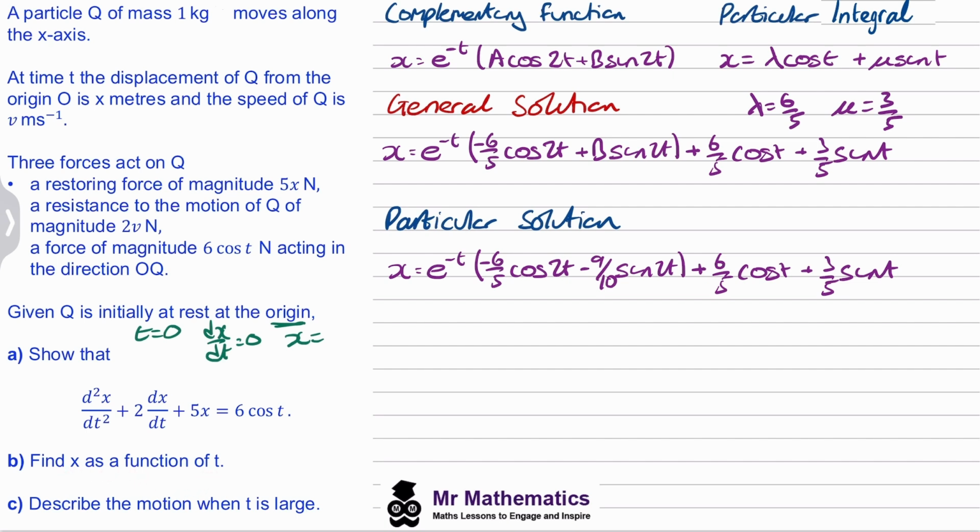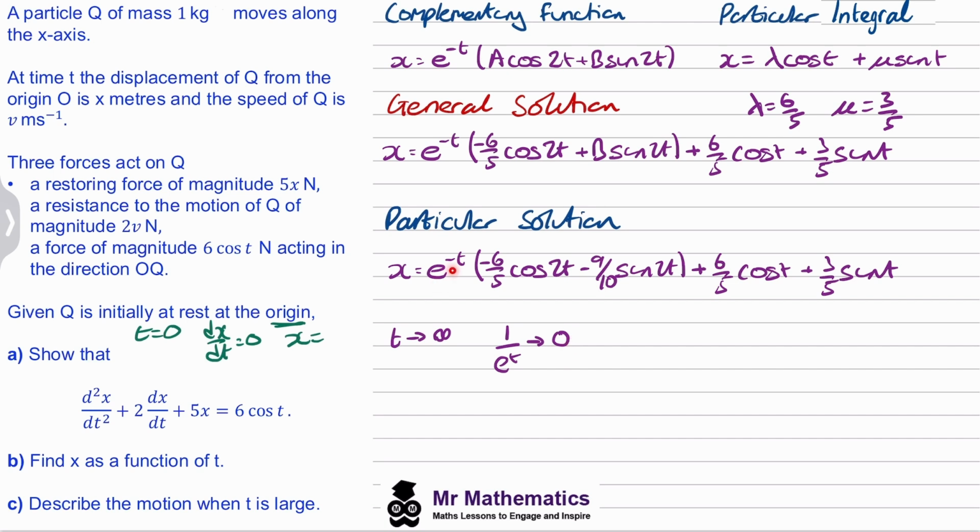So now for part C, describe the motion when t is large. Well, we can say that when t tends to infinity, then this term, which we can write as a fraction, 1 over e to the t, will tend to 0. Because when we divide 1 by this very large number, it will tend to 0.